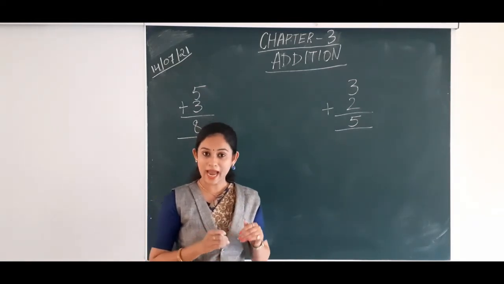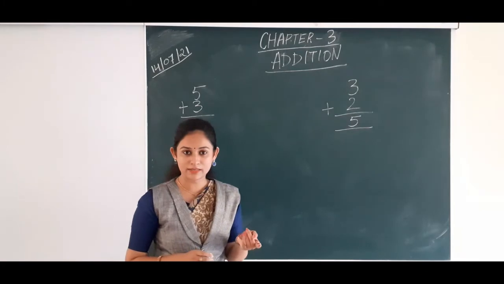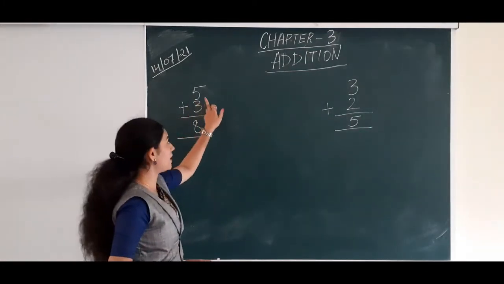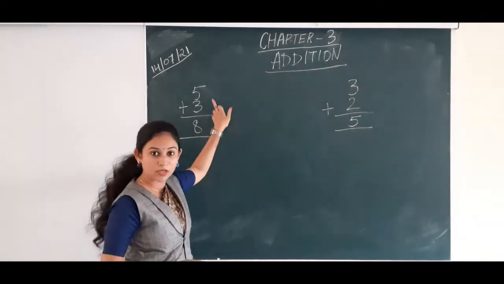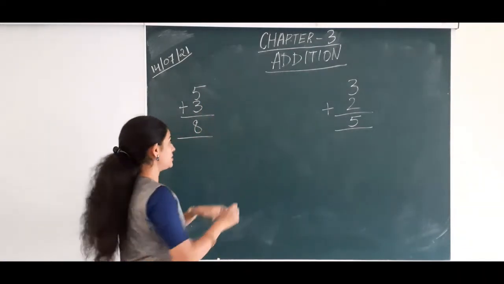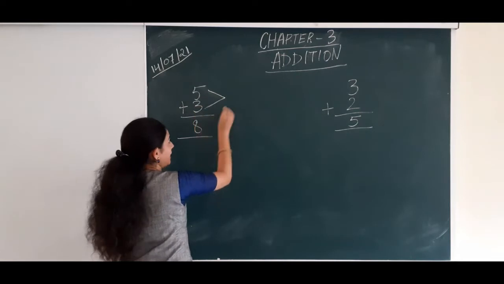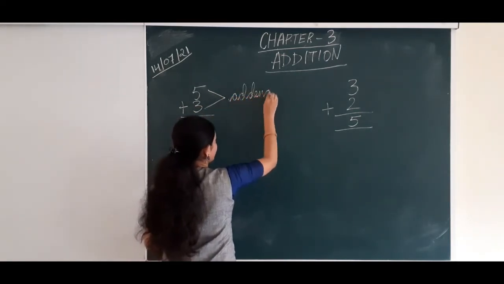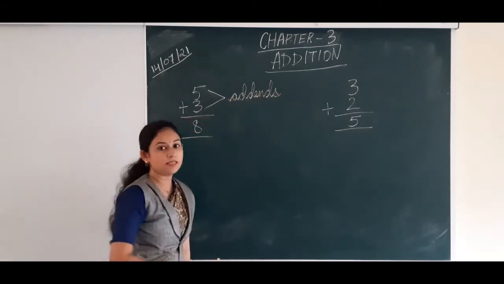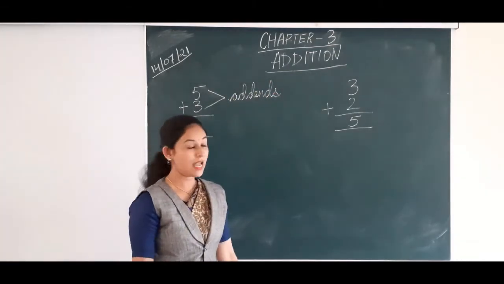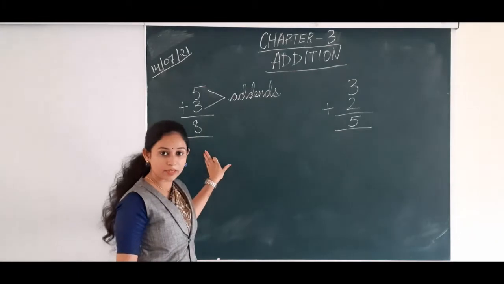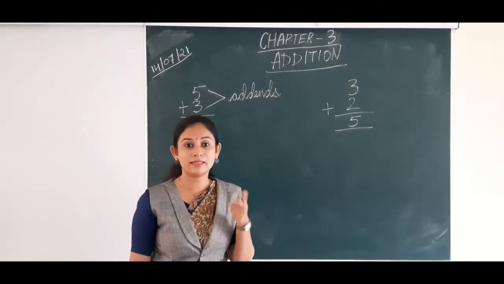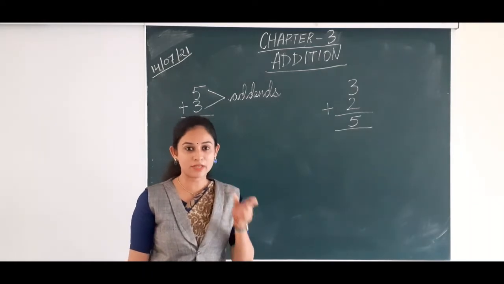Numbers that we add are called addends. Like you can see here, I have added 5 plus 3. These are called addends. And the total number that we get after adding is called the sum, the final result.